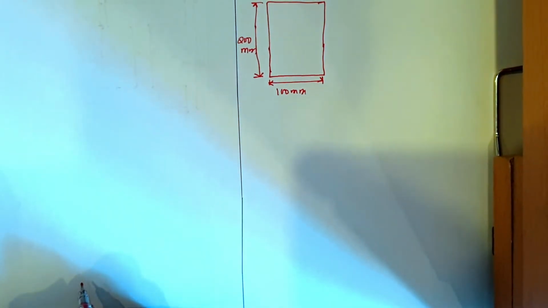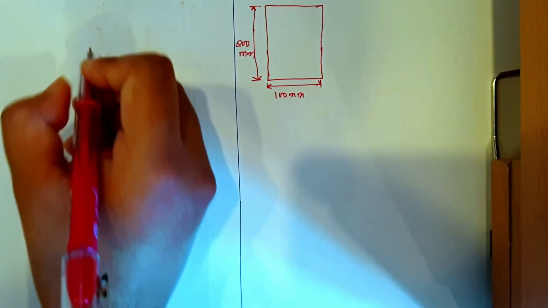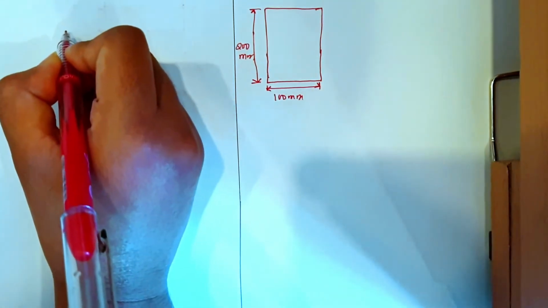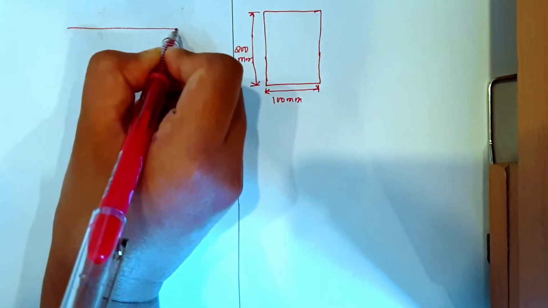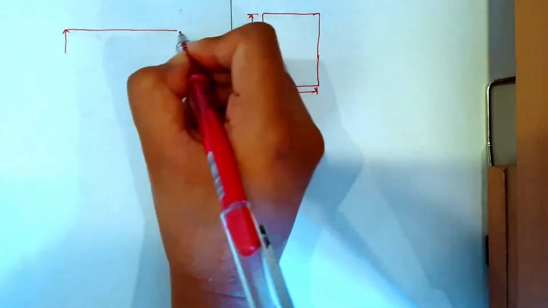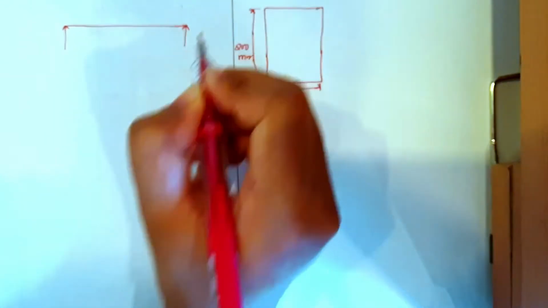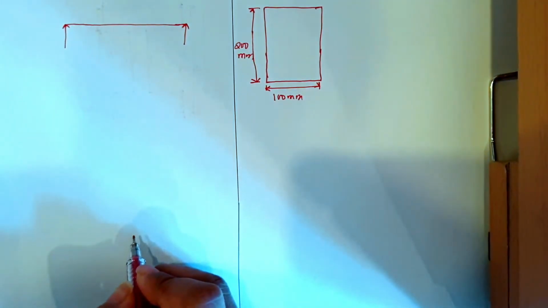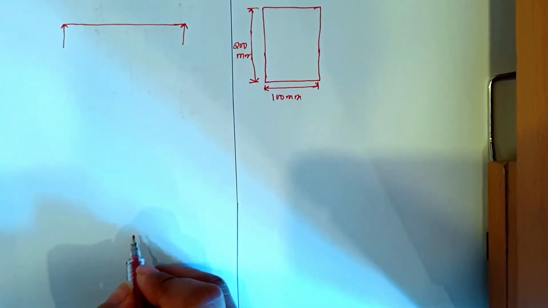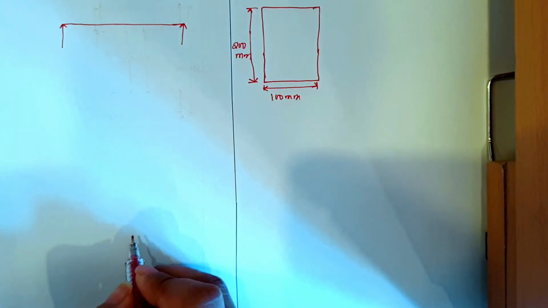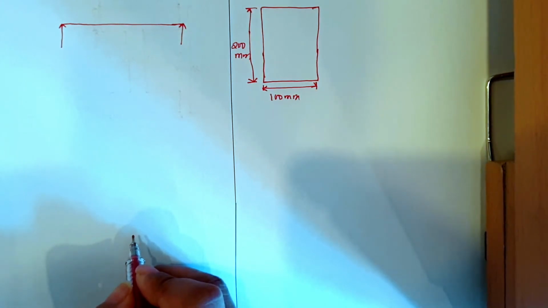Ab yahan se what it is saying, it is simply supported at both the ends, and it carries two concentrated loads of 100 kilonewton each, acting at 2 meter distance from each support.